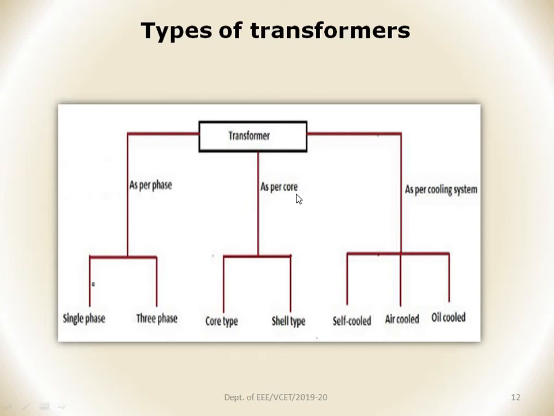Based on the core, that is the construction, it is classified into two types: core type and shell type. The third is the classification based on the cooling system, which leads to self-cooled, air-cooled and oil-cooled.